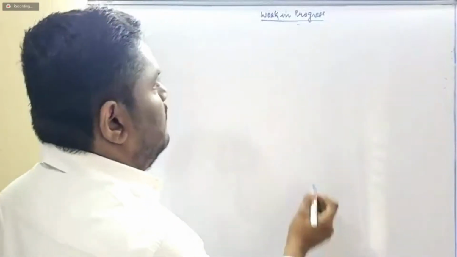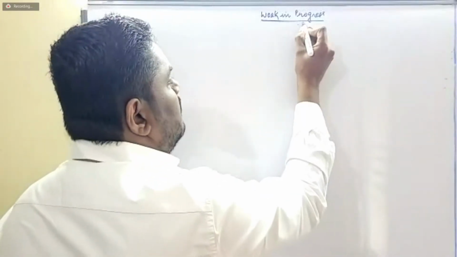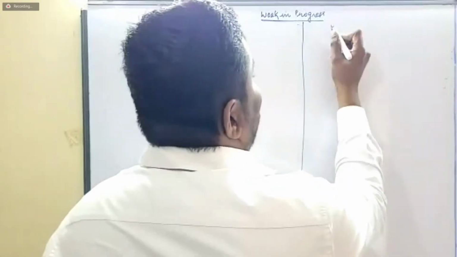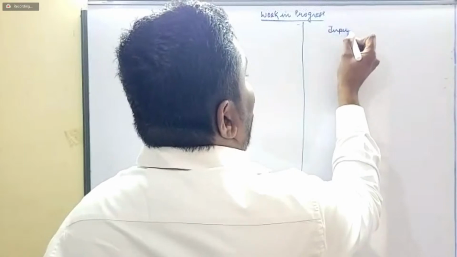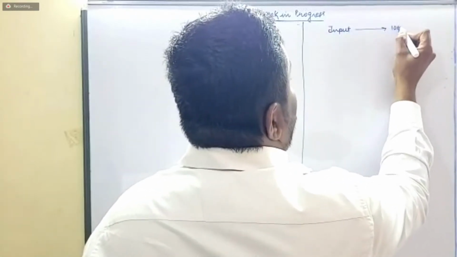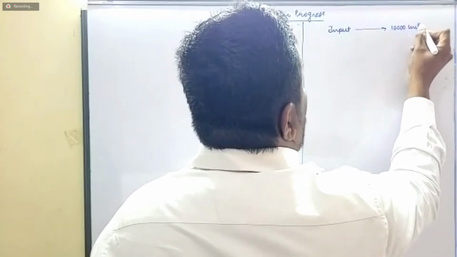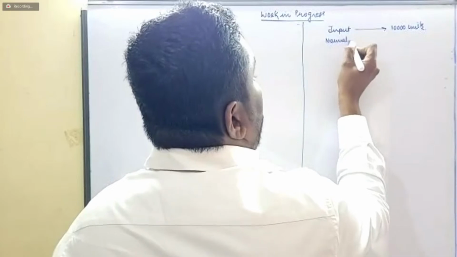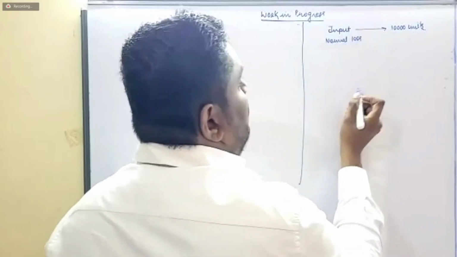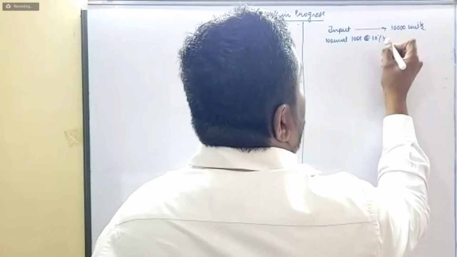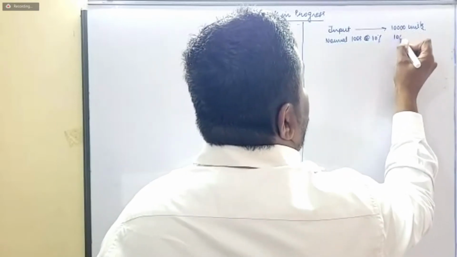Now, let's take a very basic situation. Let's say I have made an input of 10,000 units. My normal loss is, let's say, at the rate of 10% of input, 1,000 units.